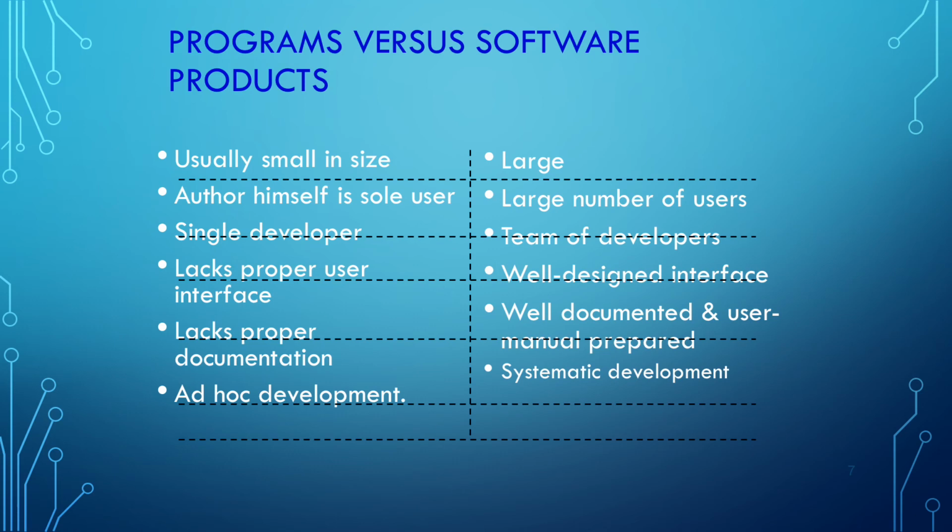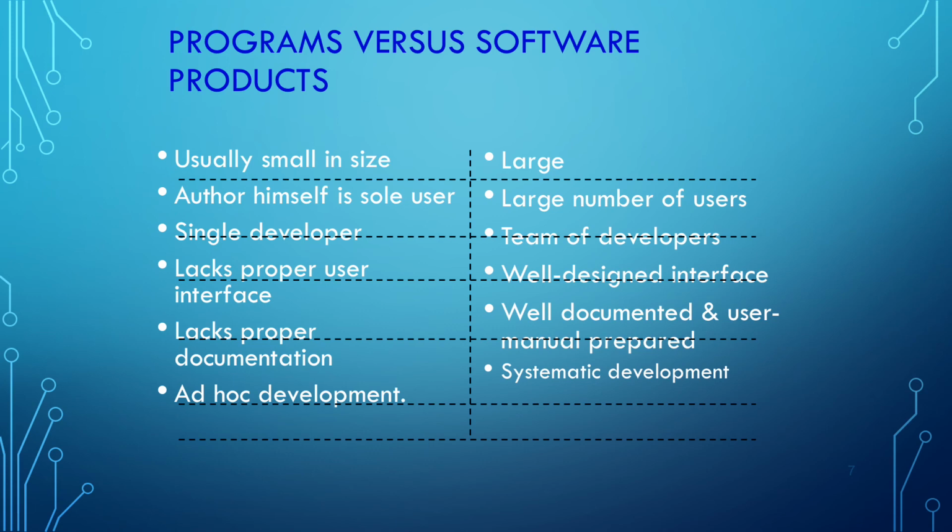There are a large number of users, because our team is decided and a specific role is given to each user. So a large number of users is required. There is a team of developers, right? Here, a single developer develops the program. It's very easy, you also know.